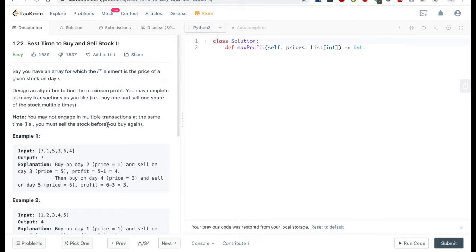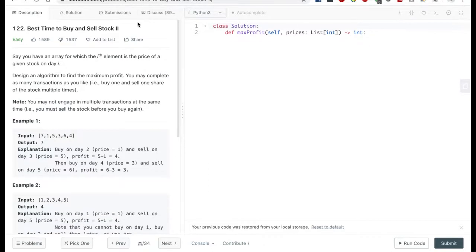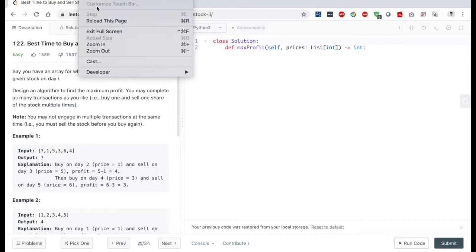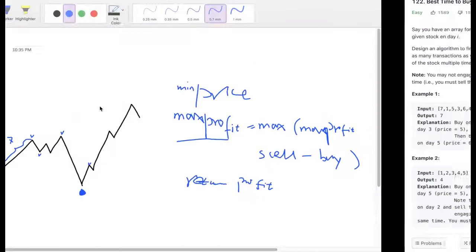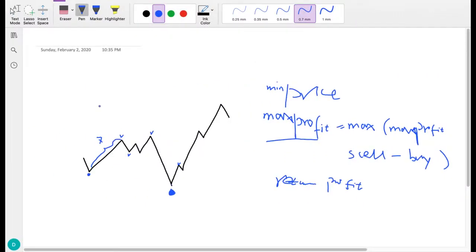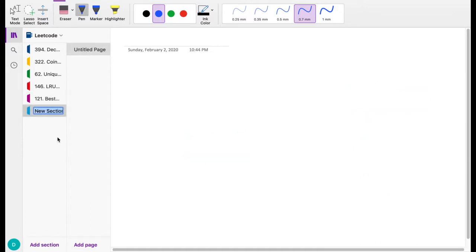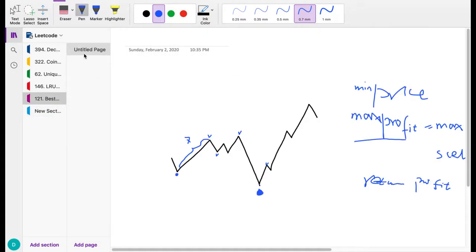So how to handle that problem? In order to handle that problem, let's go to the stock share. Let's add a section.